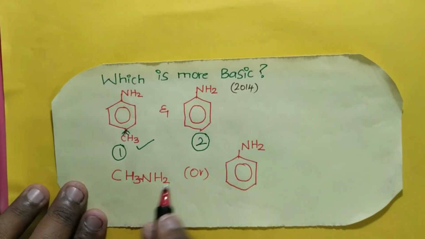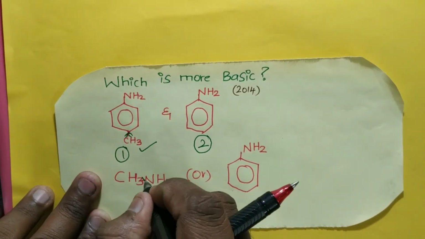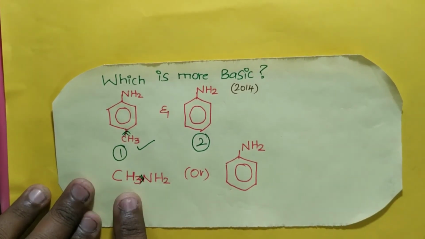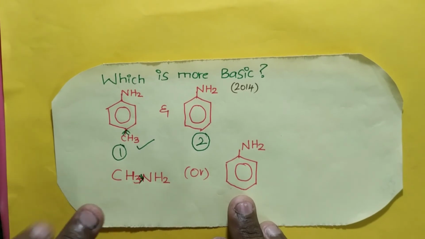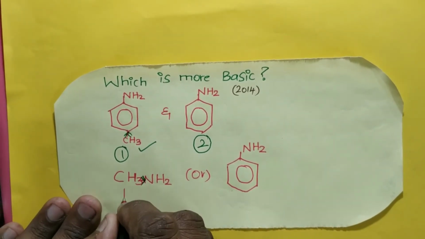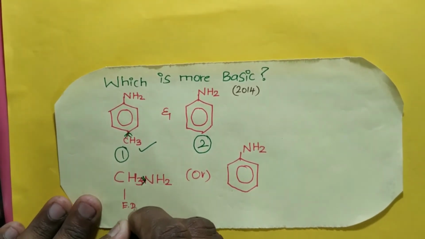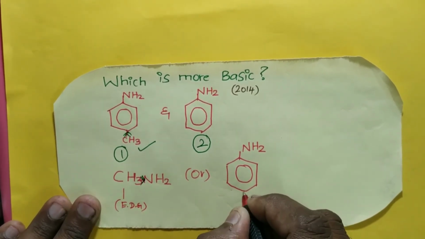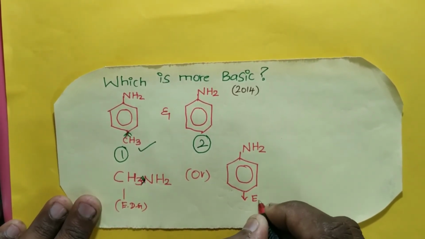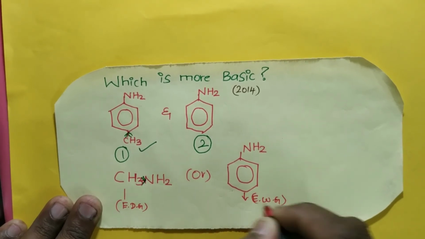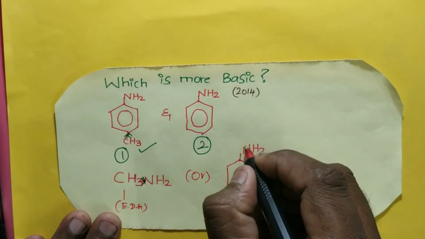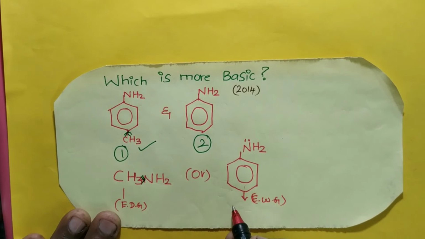And here also you just compare. Here one electron donating group is there, because the methyl group is electron donating and the phenyl group is electron withdrawing. Here this group is an electron donating group, but here the phenyl group is an electron withdrawing group. So if it withdraws the electron, the nitrogen density will be less.